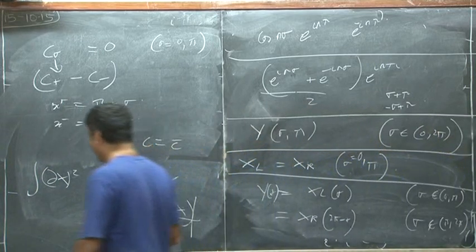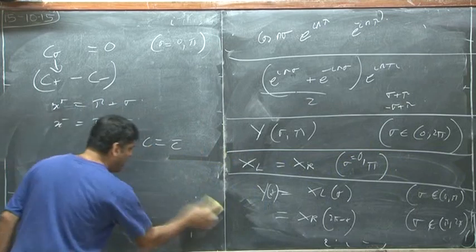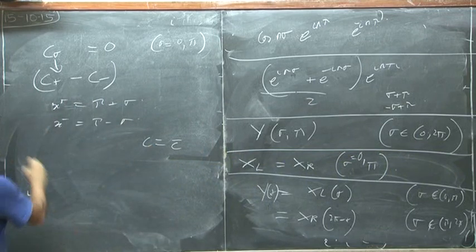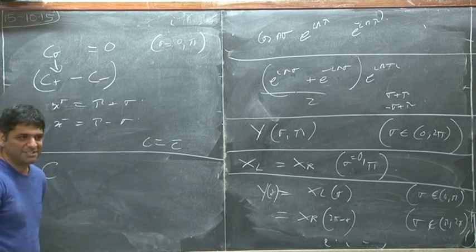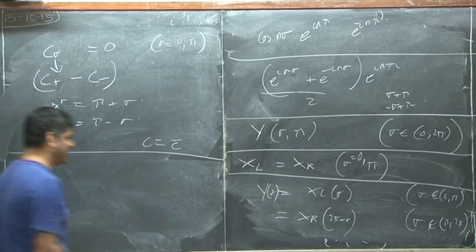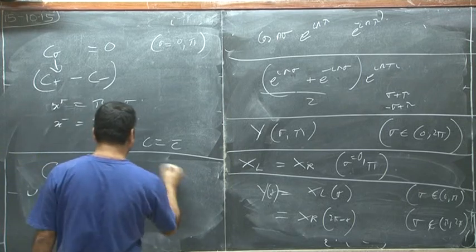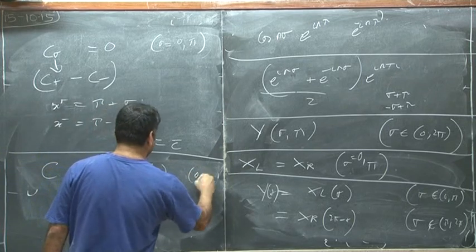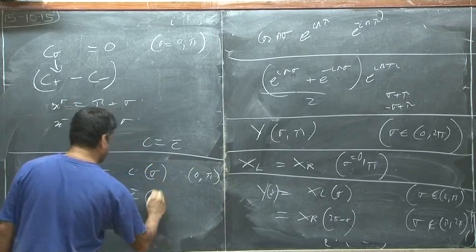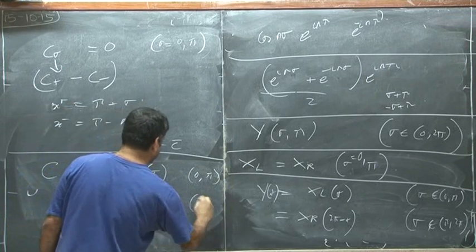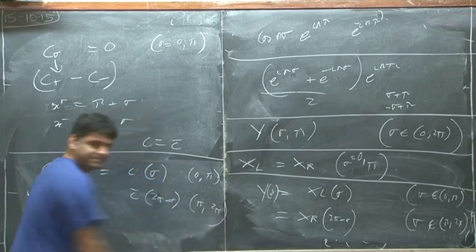Okay? And now, once again we can define a master C field. The master C field is defined exactly like that. It's equal to C of sigma from 0 to pi, and C bar of 2 pi minus sigma from pi to 2 pi.